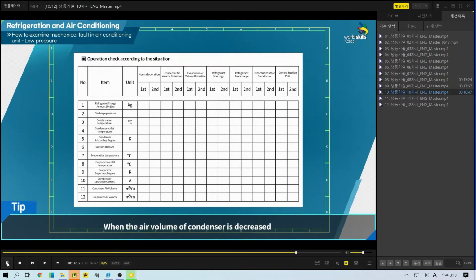When the decrease in air volume of condenser is the reason, the symptoms such as decrease in suction pressure, decrease in superheat of evaporator, and decrease in air volume of evaporator may appear. When the lack of refrigerant is the cause, the symptoms such as decrease in discharge pressure and increase in discharge gas temperature, decrease in subcooling of condenser, decrease in suction pressure, increase in superheat of evaporator, and decrease in compressor operating current may appear.